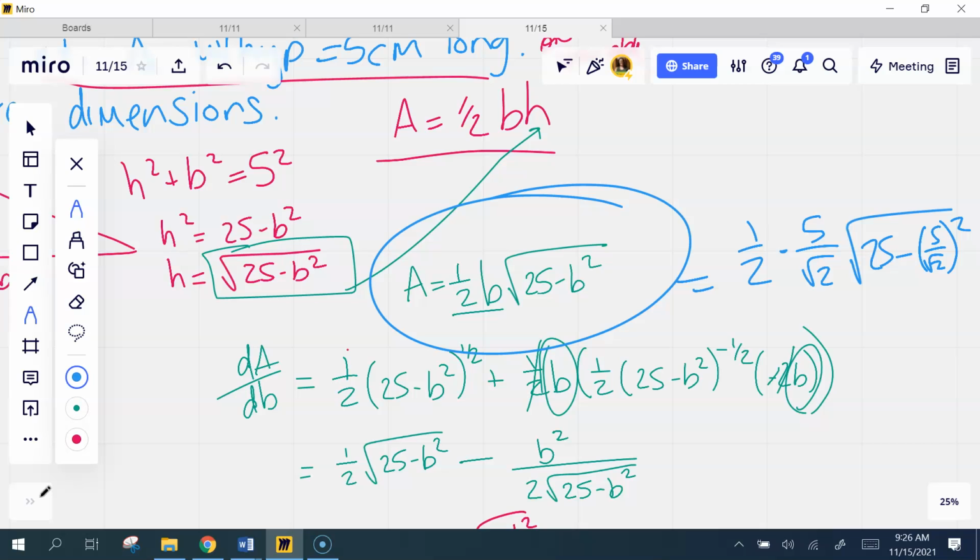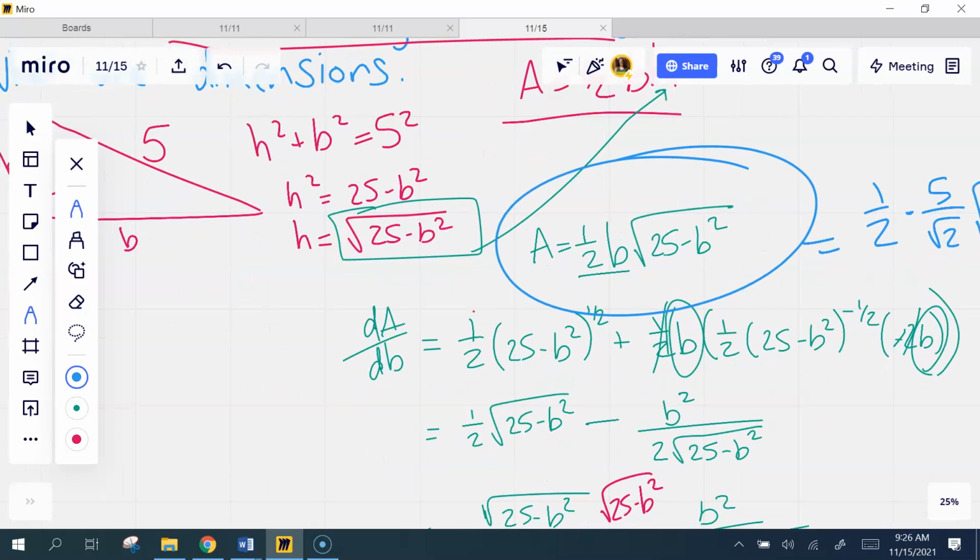I went back to the area that I wrote just in terms of the base. Or what you could do is go back to the height, because you have to find the dimensions anyway. I know the base is 5 over root 2.